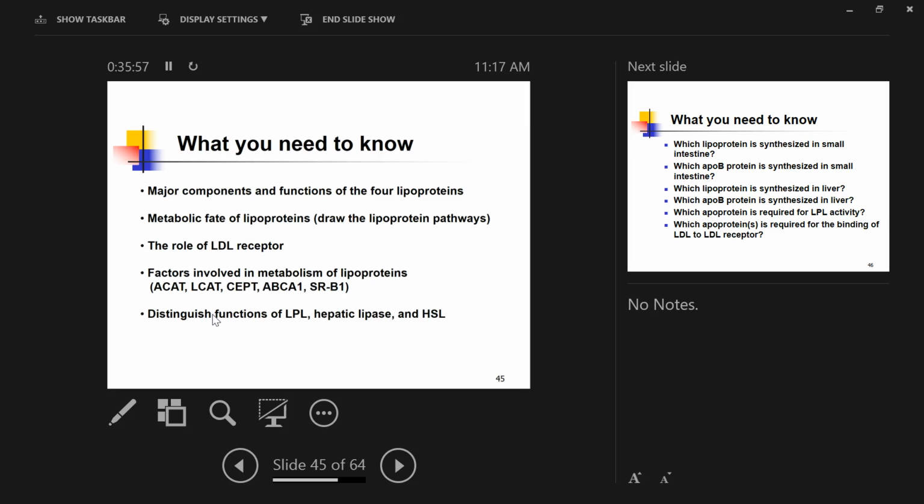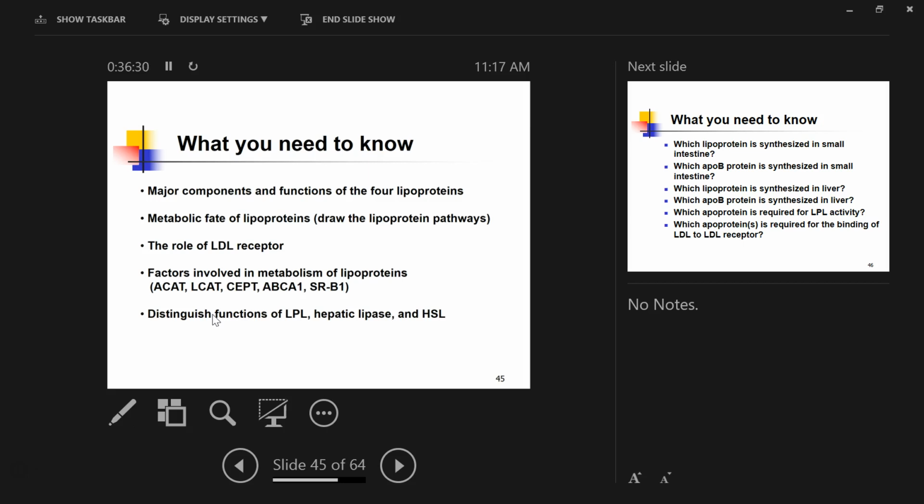And also the factors involved in the reverse cholesterol transport process that I just described, right? The ACAT, what does ACAT do? What is the function of ACAT? Yeah, it esterifies free cholesterol to cholesterol esters. And what is this reaction? What is this enzyme? Where is it in the cells?